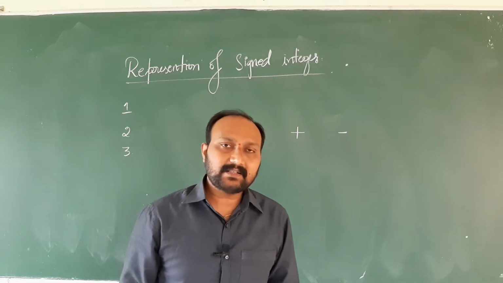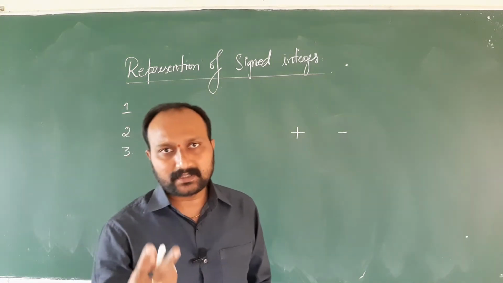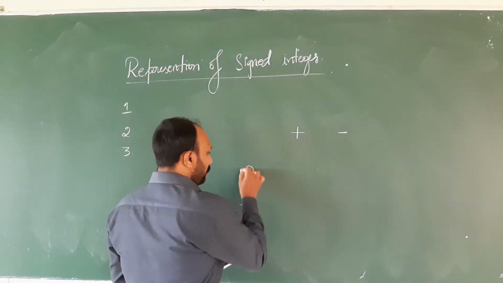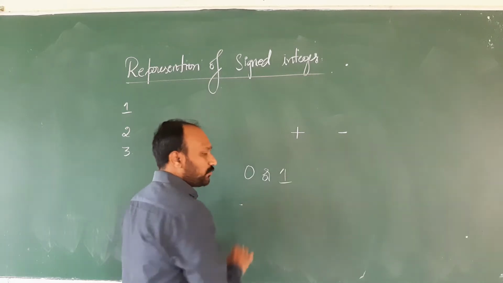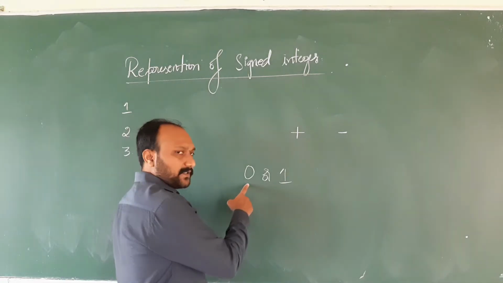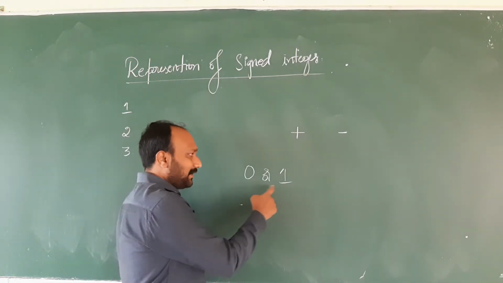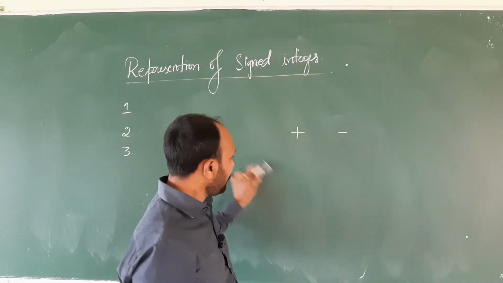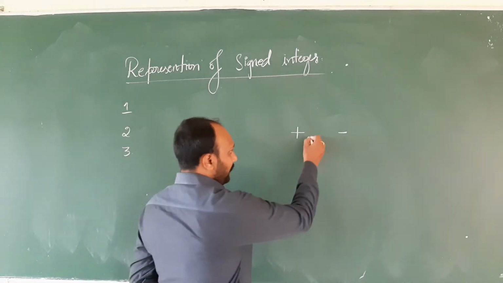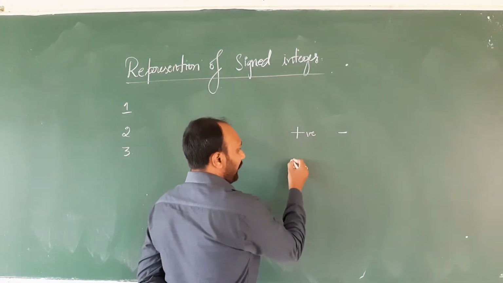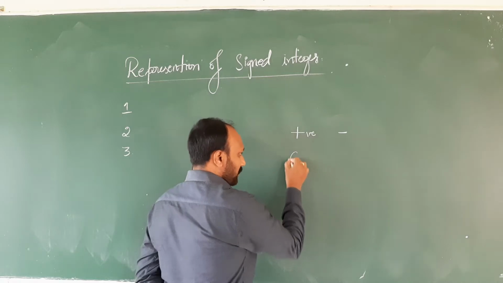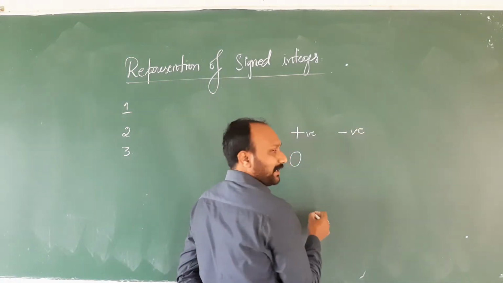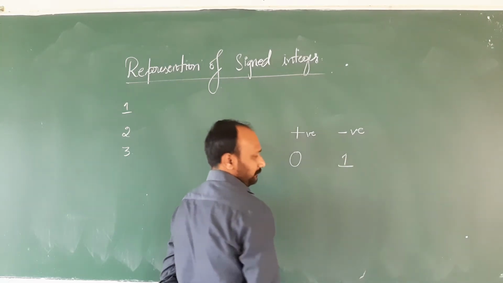In binary number system, as we know, there are two type of numbers or symbols used. Either we can go with 0 or we can choose 1. 0 is false or low state, 1 is high or true state, isn't it? So here positivity is indicated by the bit value 0 and negative is indicated with the bit value 1.